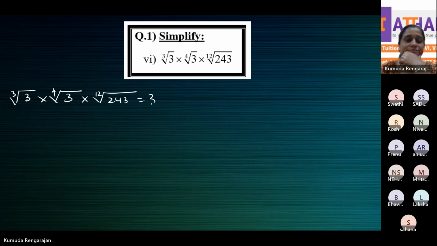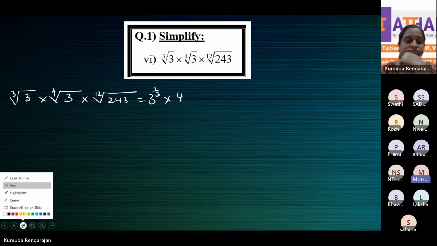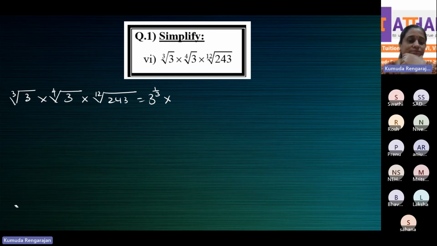And fourth root of 3 can be written as 3 to the power 1 by 4. 12th root of 243. 243 can be written as 3 to the power 5, ma'am. No, first step we should write 243 to the power 1 by 12. Okay, yes, next.